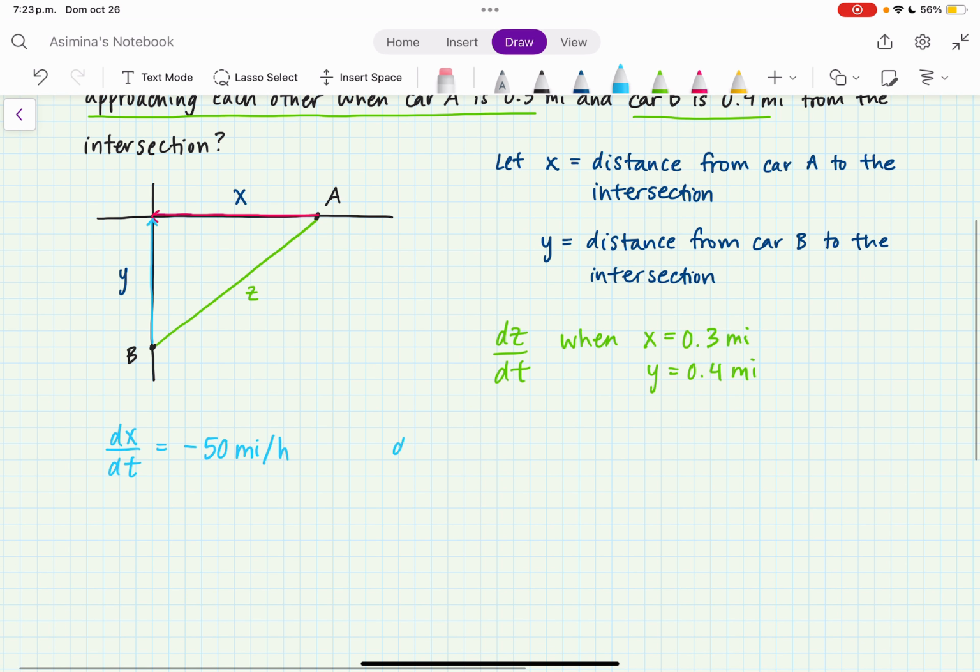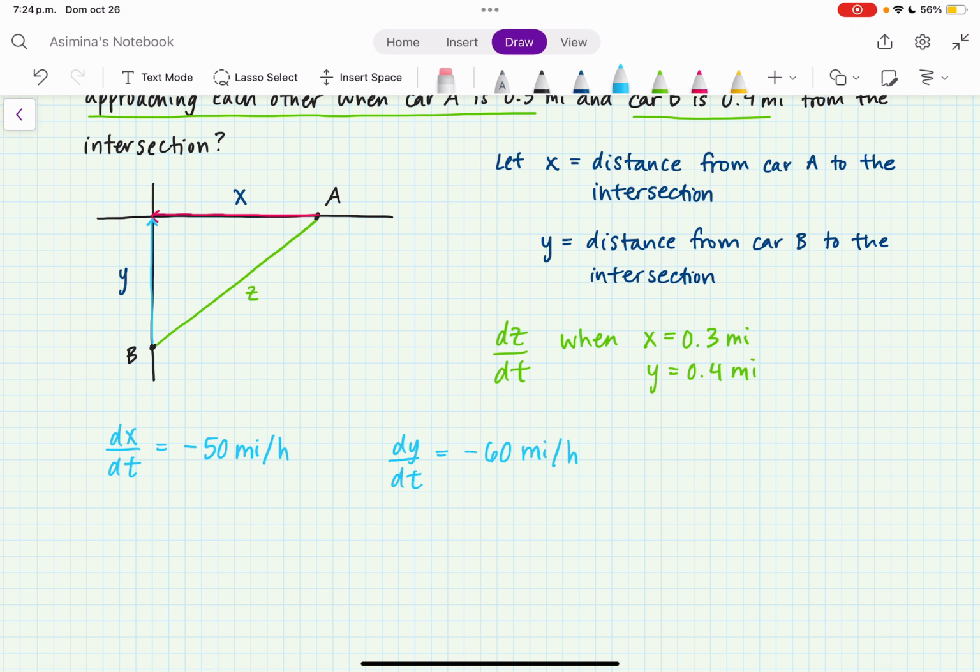So that means that dy/dt is minus 60 miles per hour. Now both of these derivatives are negative, and you might be wondering why. Well, the derivatives are negative because as the cars are approaching the intersection point, the distances x and y are getting smaller. So we have that these are negative. Okay, great. So we want to find dz/dt when x is 0.3 and y is 0.4.